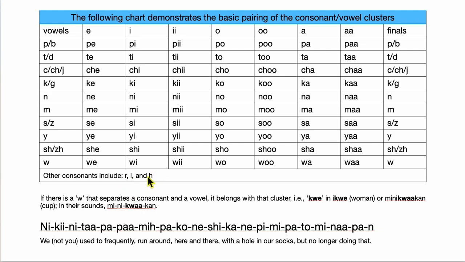And H is a representation for a glottal stop. Last week I talked about ahkek, which is a reference to a pail. Ahkek. So there's a brief stop with a puff of air that is uttered while you're saying the word. There's another similar sound to that, which is a gig.